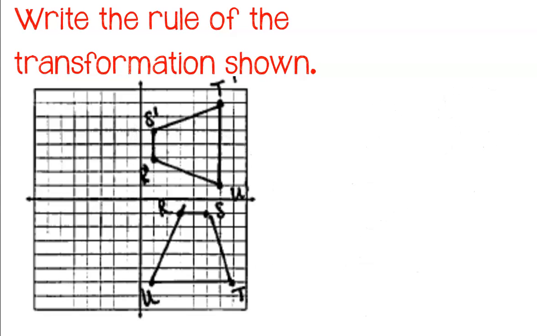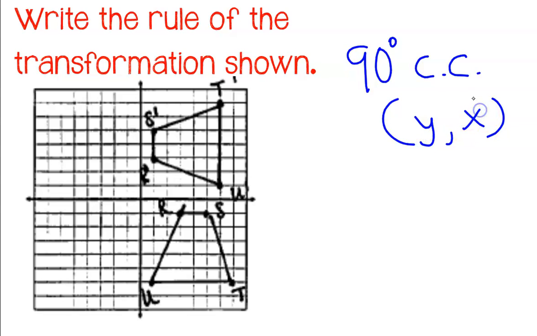Counterclockwise. So there's two ways to go about beginning this. Either you remember the rule for a 90 degrees counterclockwise rotation, which is that you swap the points and negate the first value. That's a counterclockwise rotation.